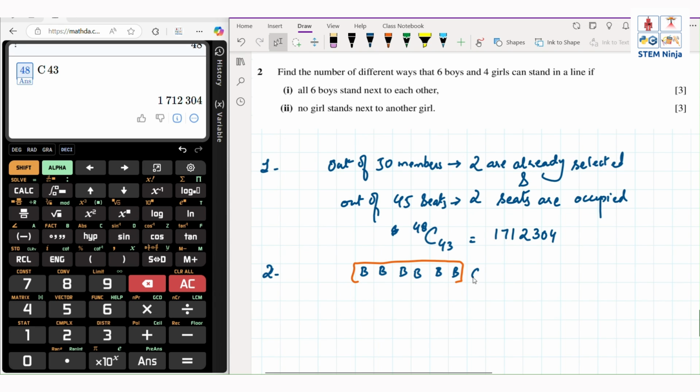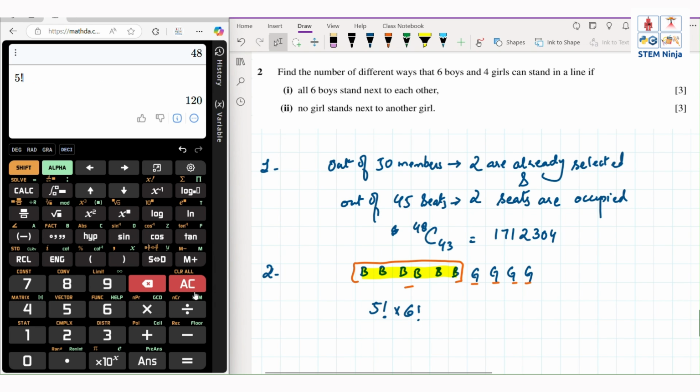Girls can be anywhere. So 4 girls over here. So we have 1, 2, 3, 4, 5, 5 units, but inside the boys group, we will have 6 factorial also because obviously these are different items. So 5 factorial times by 6 factorial, 86,400.